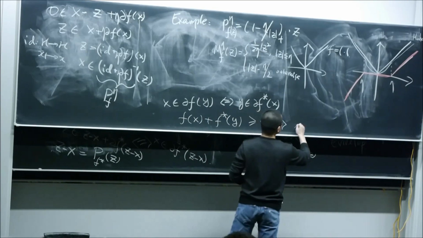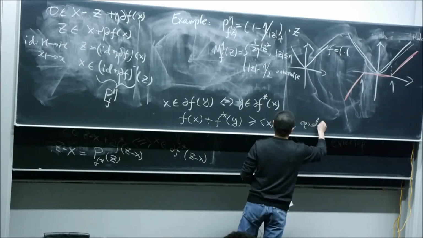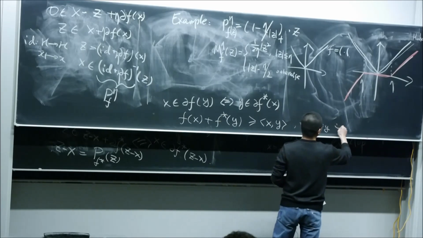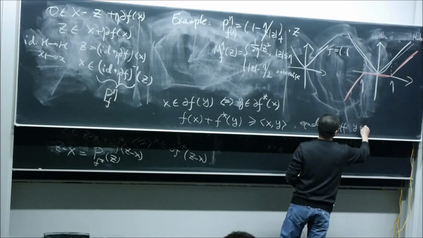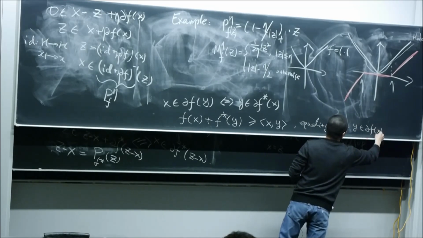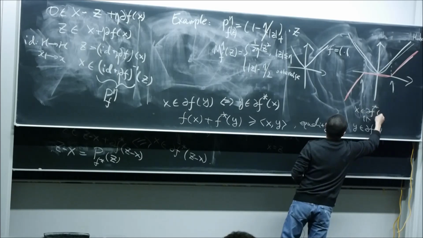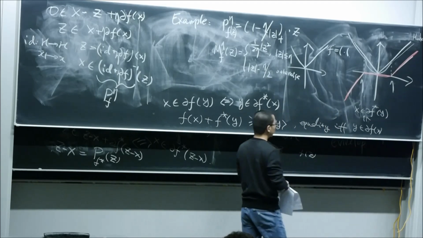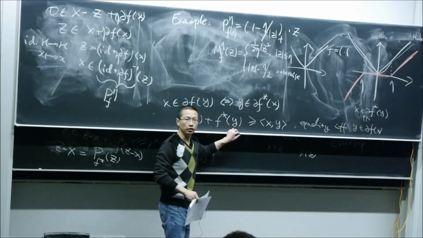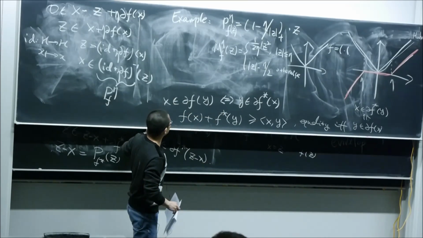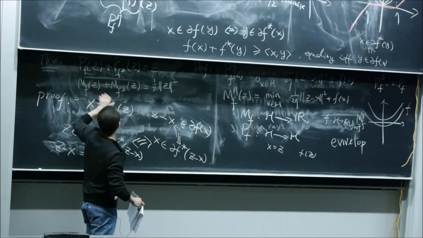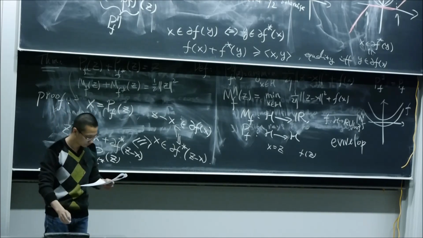And equality holds if y is in the subdifferential of f at x, or equivalently, x is in the subdifferential of f star at y. Okay? This is called the Fenchel-Young inequality. So if you use this inequality, you can easily prove the next thing.